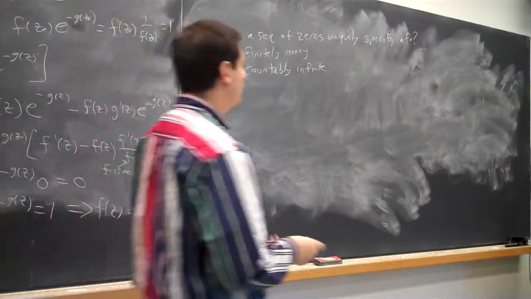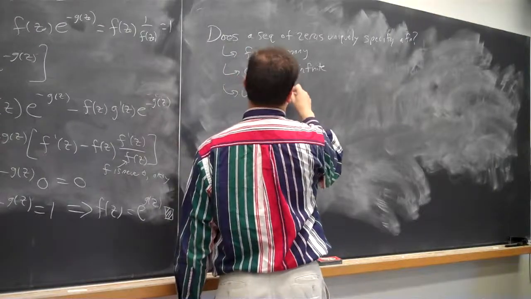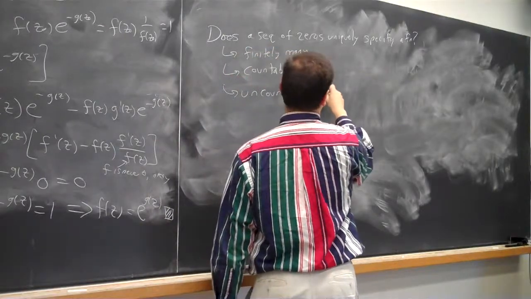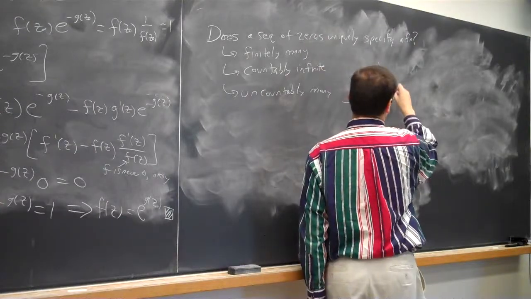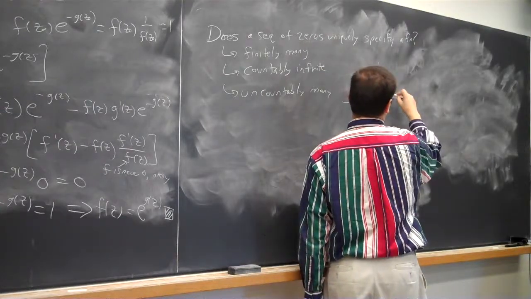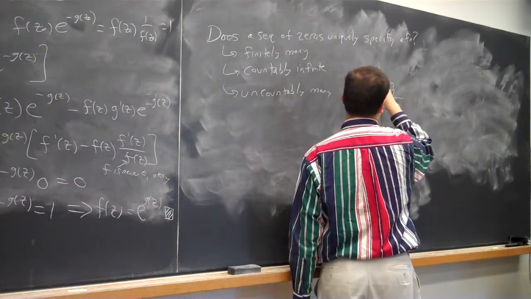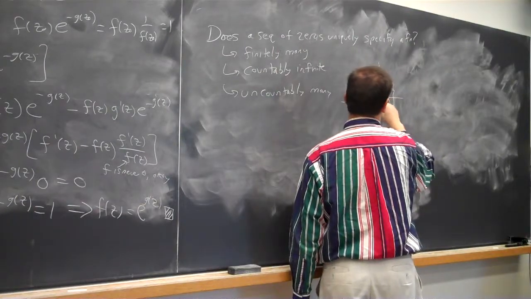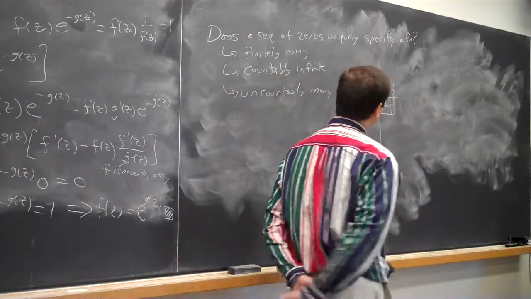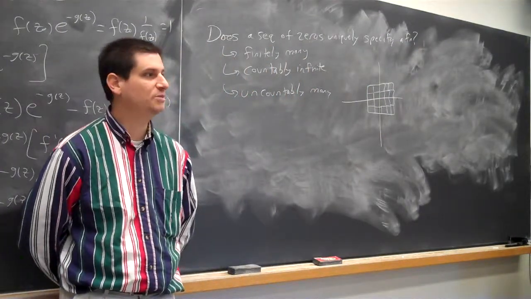So if you have uncountably many, this is what you should do. Take the plane and just divide it into squares of length 1. Alright, as much fun as it is to draw the squares, I will stop. So keep going like this. You have countably many squares and uncountably many zeros.